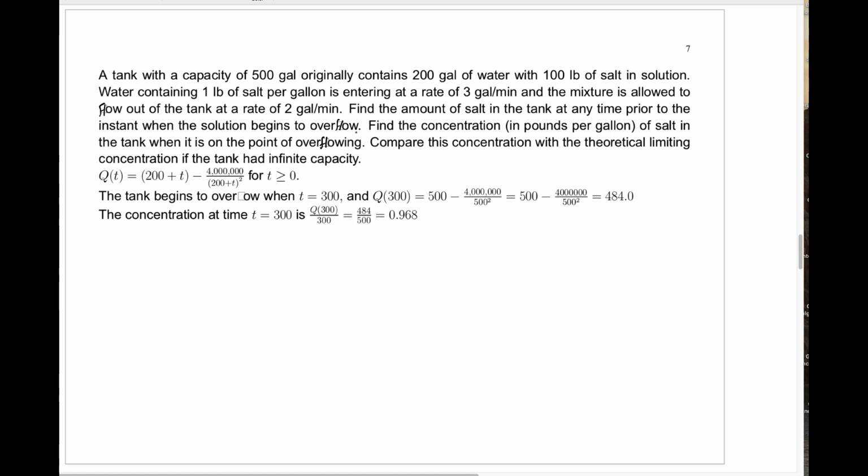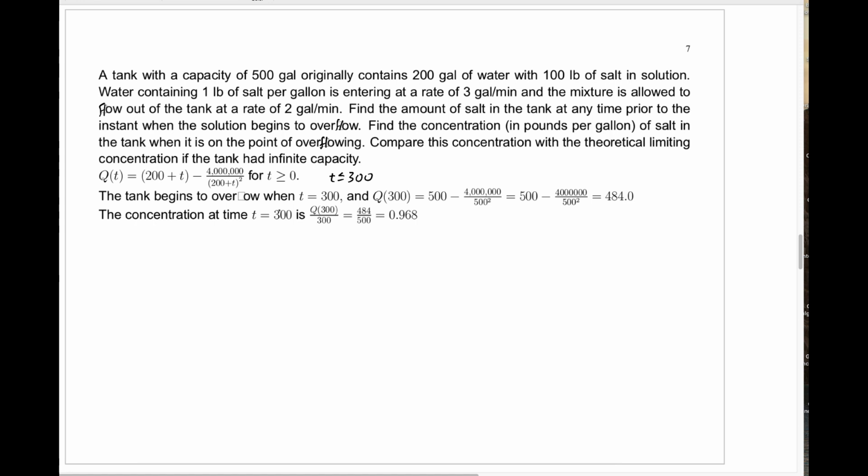The function we had for q of t, (200 plus t) minus 4 million over (200 plus t) squared, really isn't valid for all times t greater than or equal to 0. It will stop being valid as soon as the tank starts to overflow.